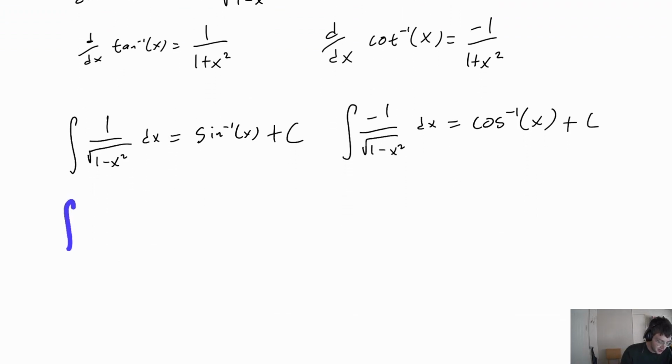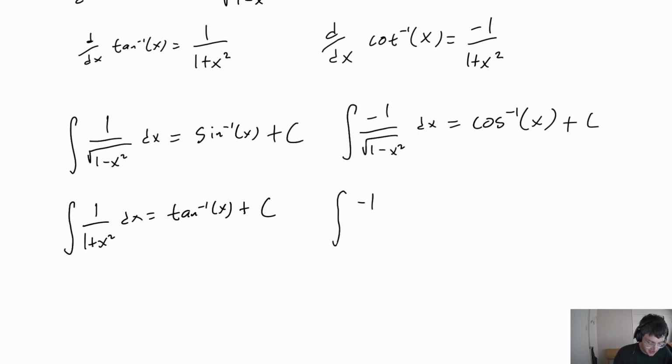Continuing in this way, if we take the integral of 1 over 1 plus x squared, we should get inverse tangent plus our constant of integration. And lastly, if we take the antiderivative of -1 over 1 plus x squared, we should get the inverse cotangent function plus c.